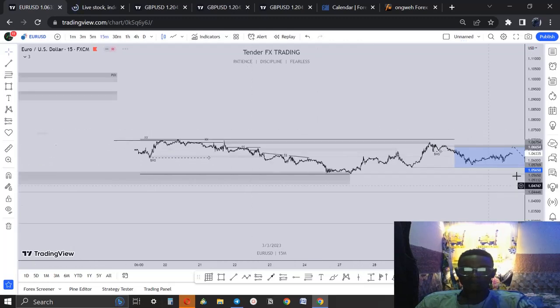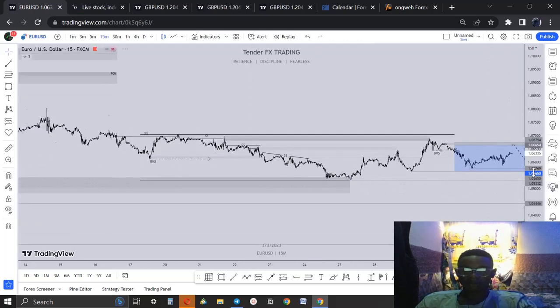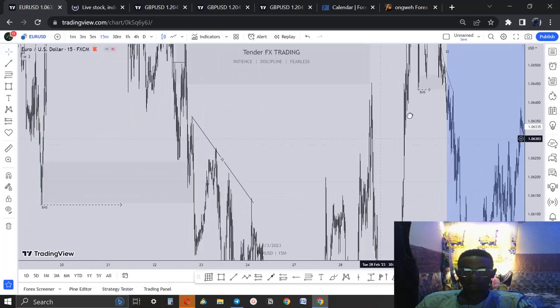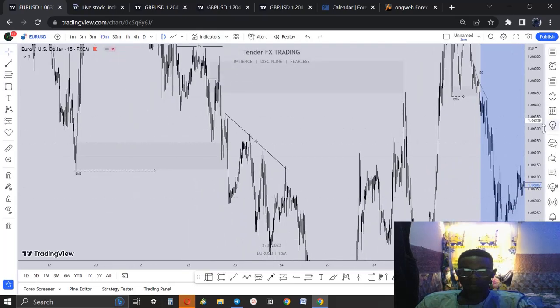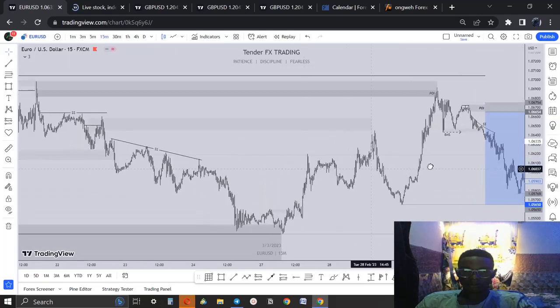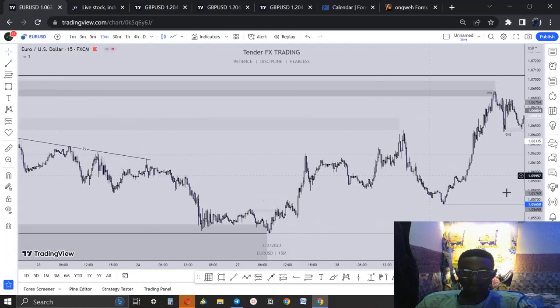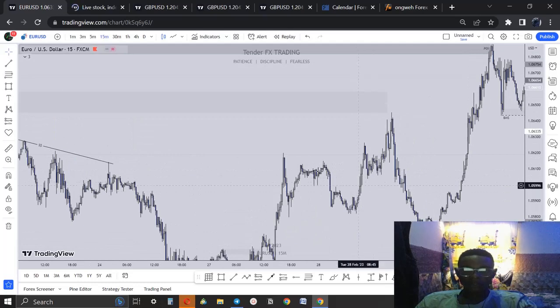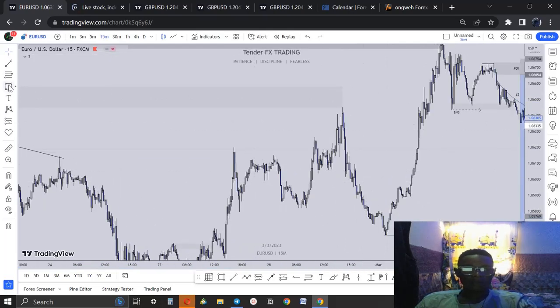What's happening? So after we had that mitigation right here, we have this break of structure right here.